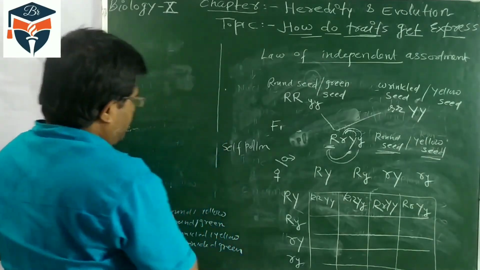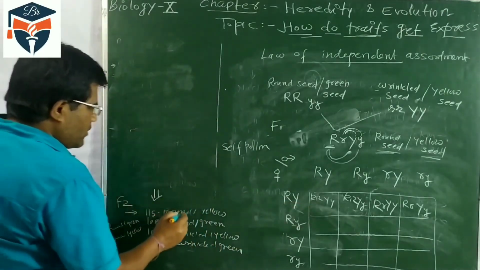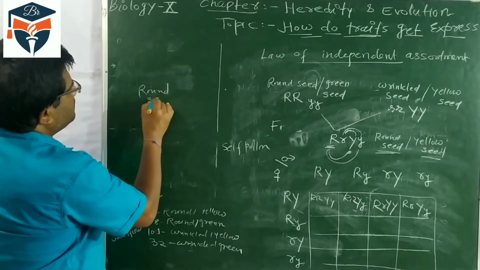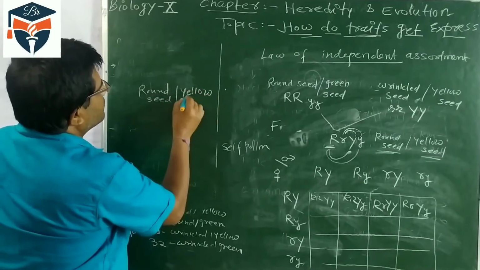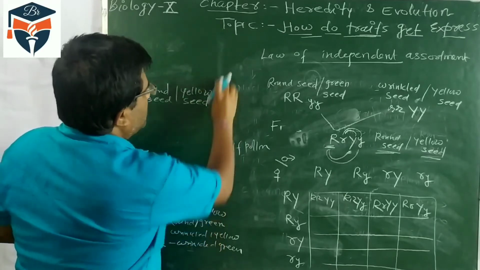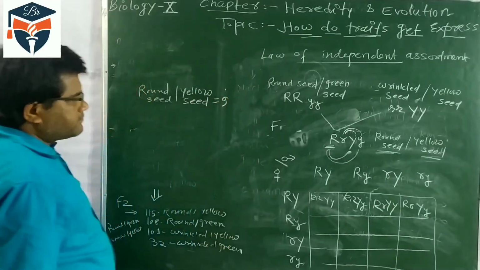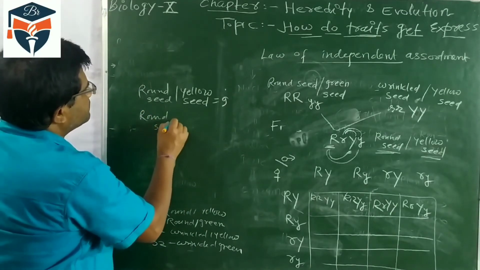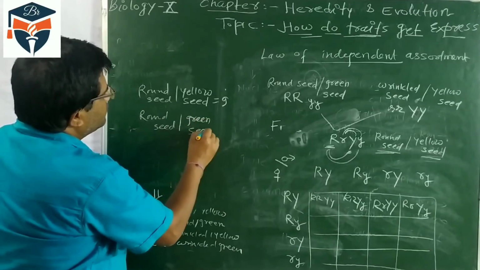Here you will see, in these 16 progeny, round seed and yellow seed will come a total of 9. Then round seed and green seed will come 3.